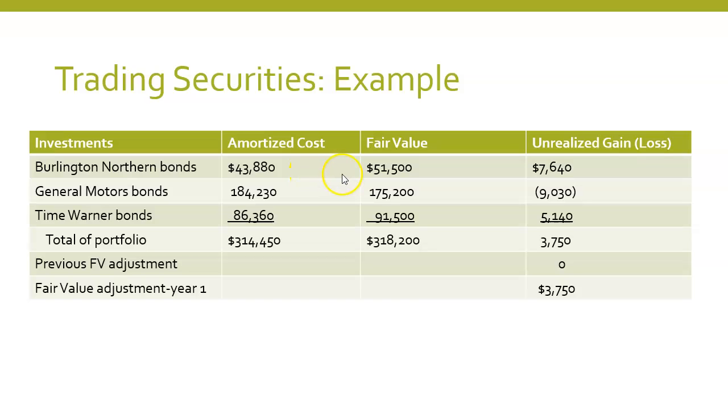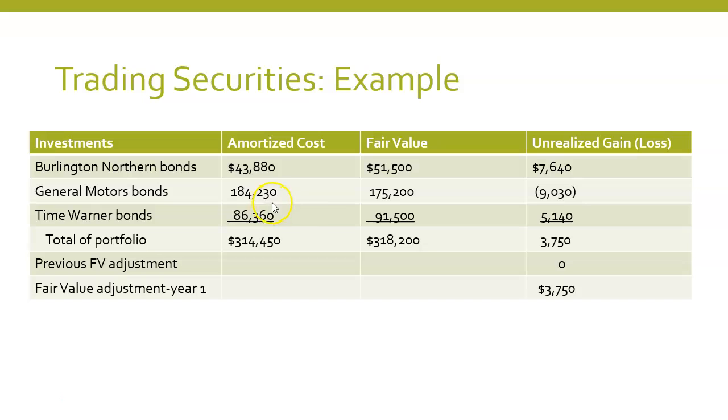Okay, but then we looked with our broker on the Wall Street Journal, and we found out we could sell this in the secondary market for $51,500. Okay, so we have an unrealized gain of $76.40.